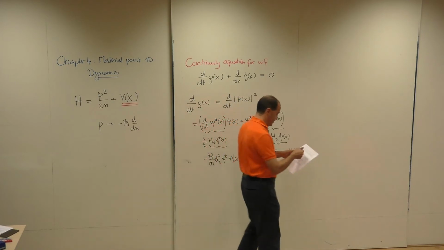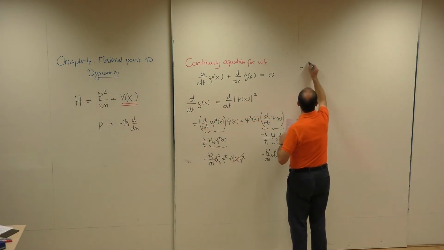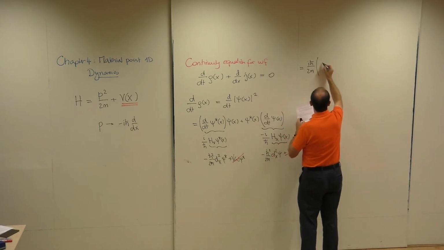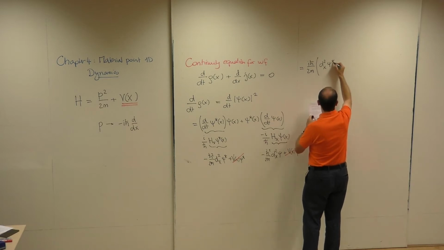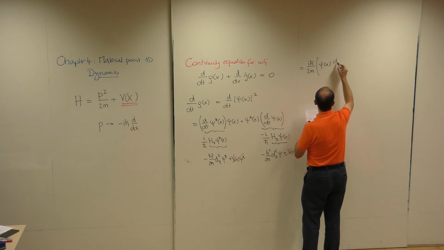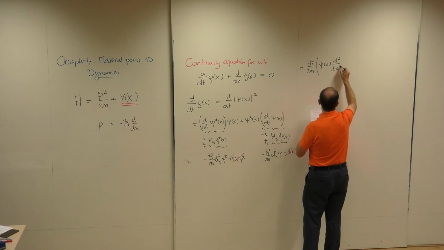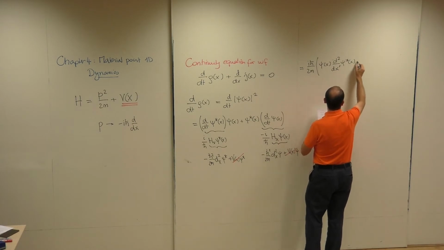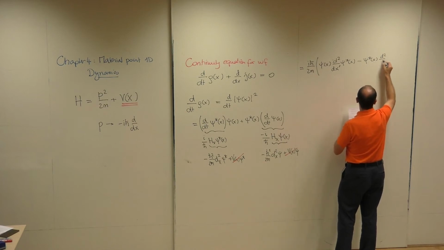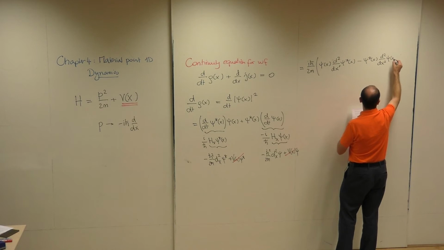So what we're left with is something that looks like i h bar over 2m, then, maybe I write it slightly differently, psi of x, double derivative with respect to x of psi star, minus psi star of x, double derivative with respect to x of psi.